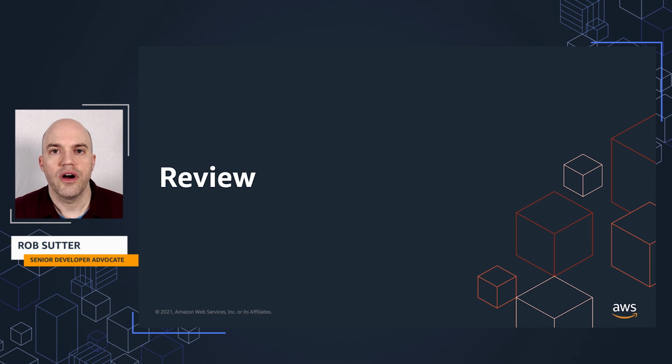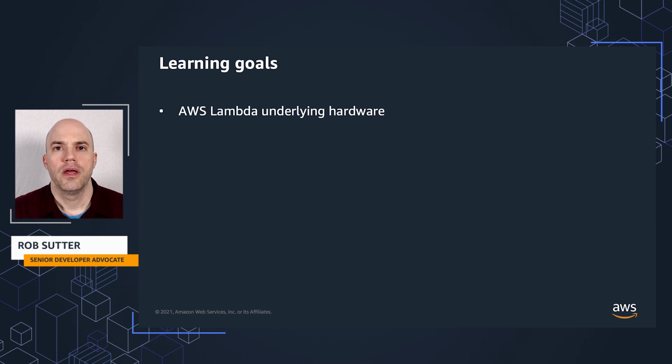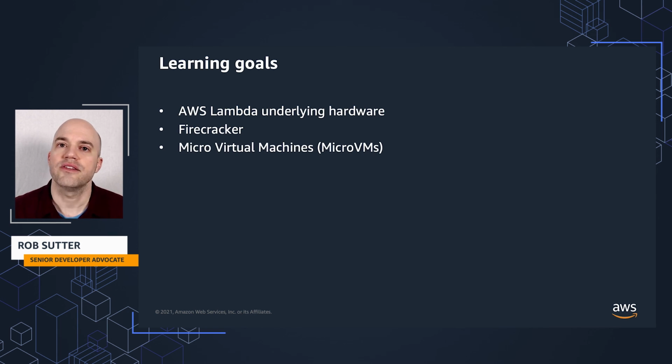So a quick review of this prologue. You learned a bit about the AWS underlying hardware that's used to provide Lambda worker instances. A brief overview of Firecracker, the virtual machine manager, and micro VMs, the isolation boundary inside Firecracker. You learned about the valid operating systems for AWS Lambda and how they differ between zip file and container image formats.